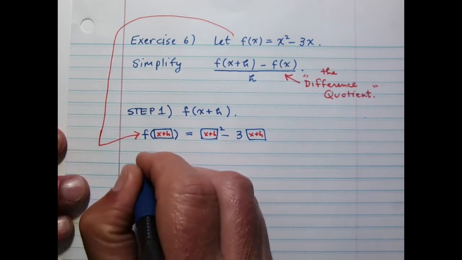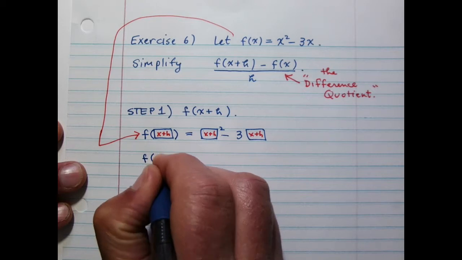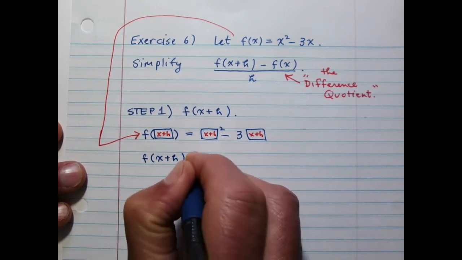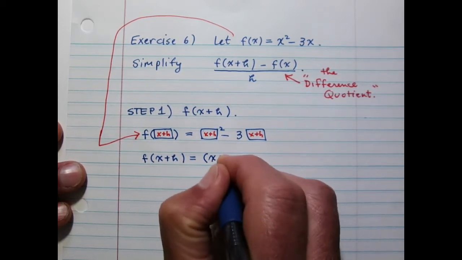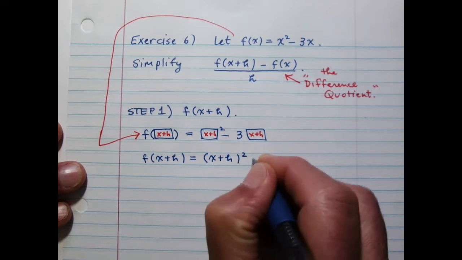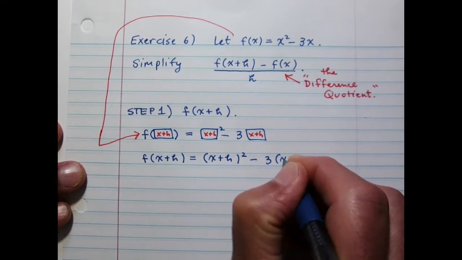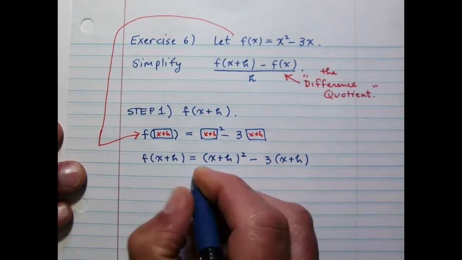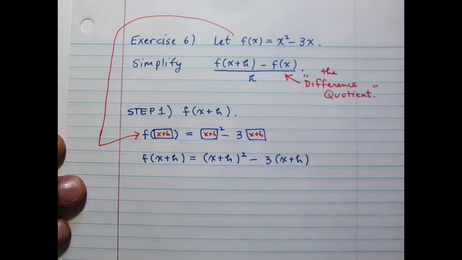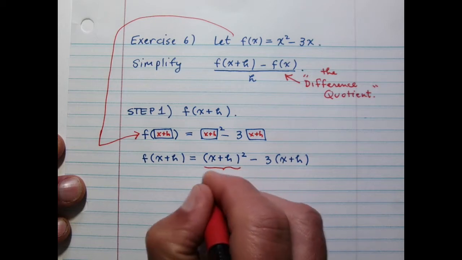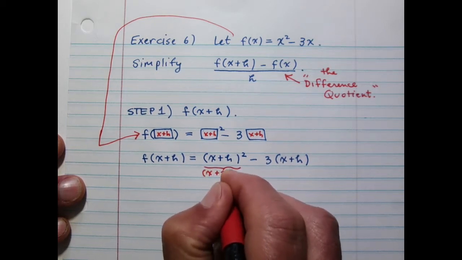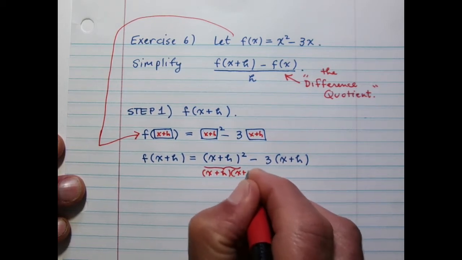And so let's just write this down in a more normal way. F of x plus h is x plus h in parentheses squared minus 3 times x plus h in parentheses. That x plus h squared is x plus h times x plus h.